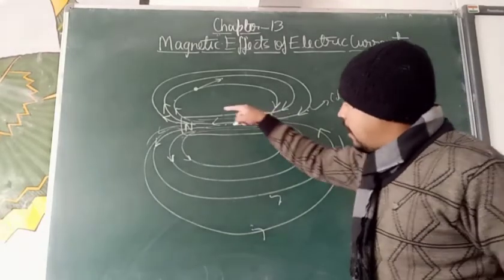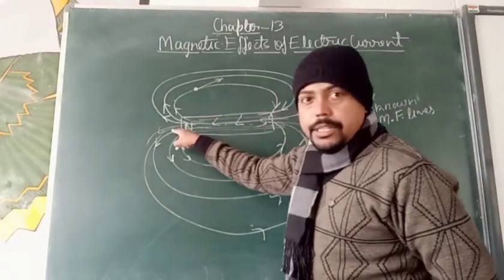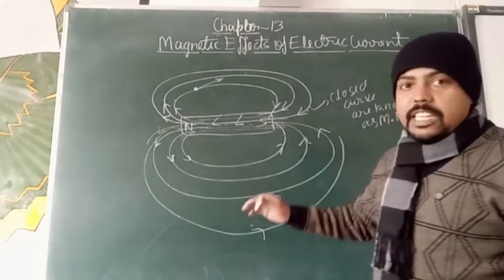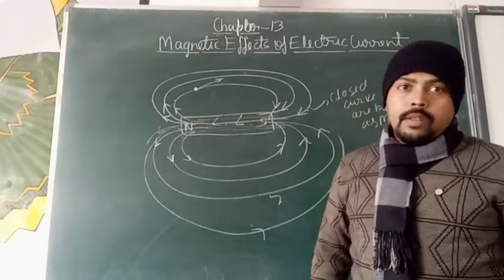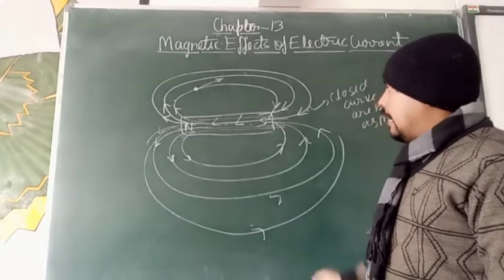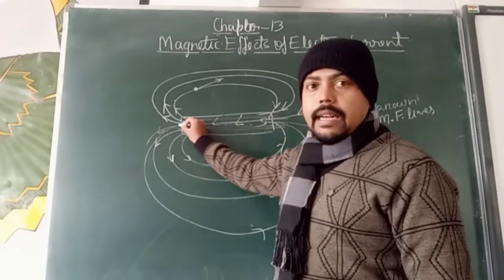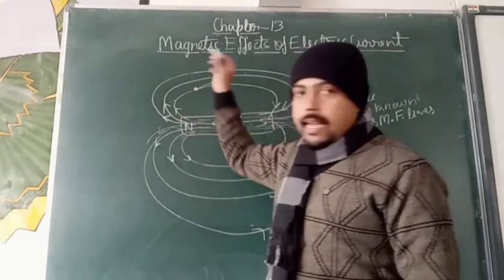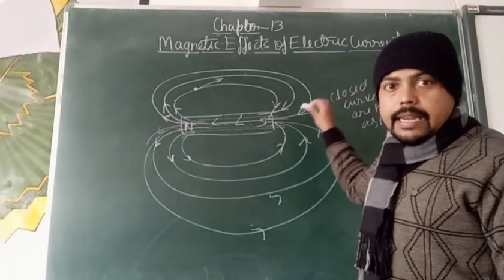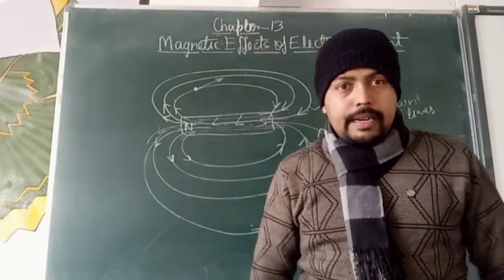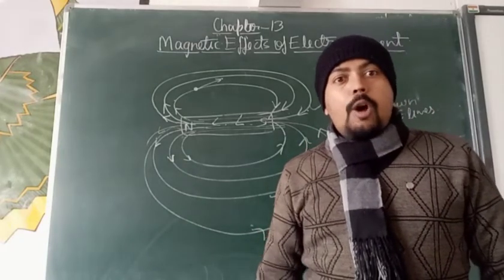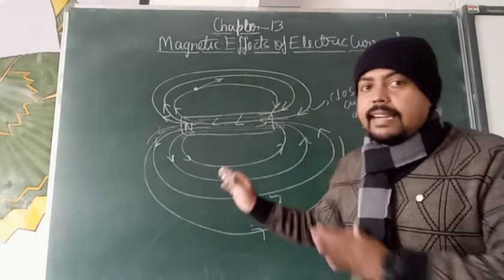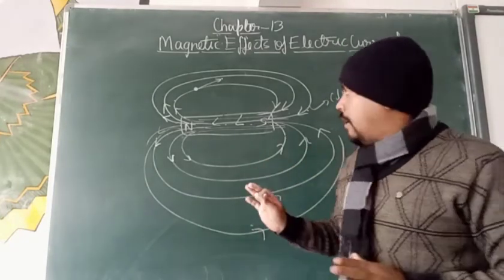But if we are talking about a point which is very close to any of the poles, we can say that here the spacing is very less. So near that, the strength of the magnetic field will be more. The number of lines which are coming out and going inside determines the strength of the magnetic field. How many lines are passing through any cross-sectional area determines the strength of that magnetic field.